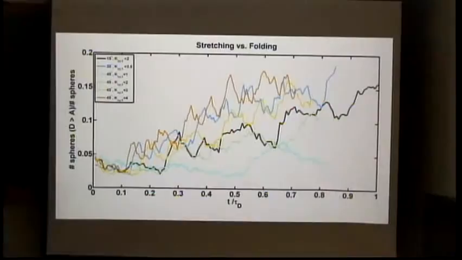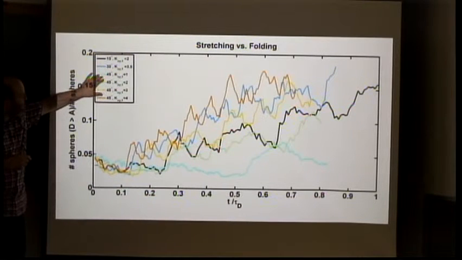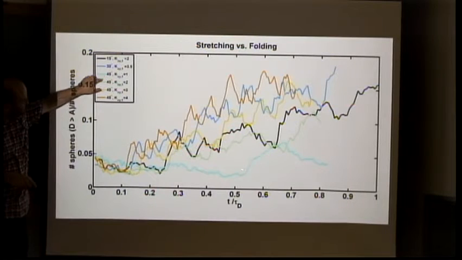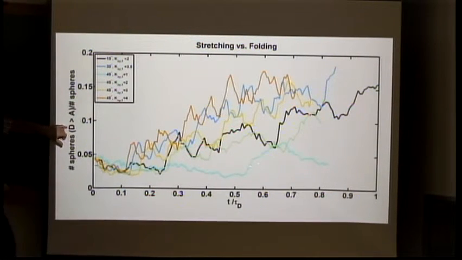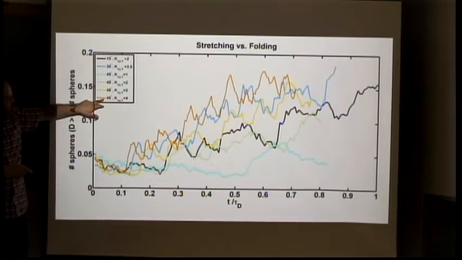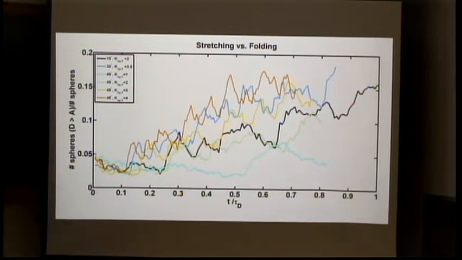But if you wait longer, you start seeing that there are differences. For example, for all the lines that are 45 degrees, the light blue one here has less folding in relative terms than this line here, the orange one, where you have higher anisotropy. So higher anisotropy generates more folding. That is the idea in relative terms, and that's what we were quantifying there.